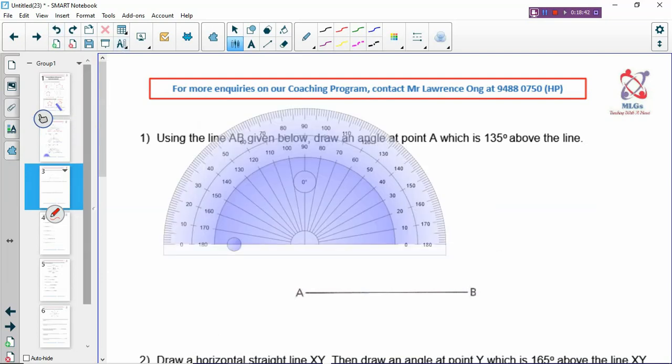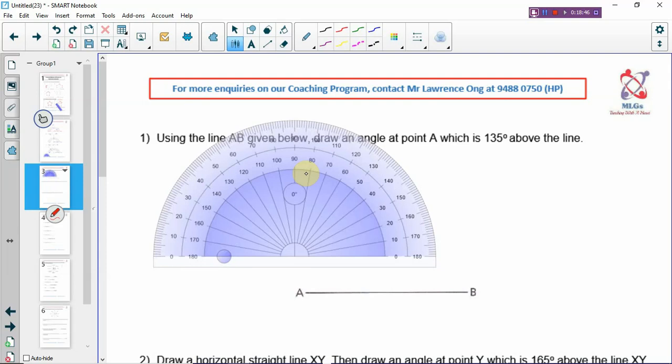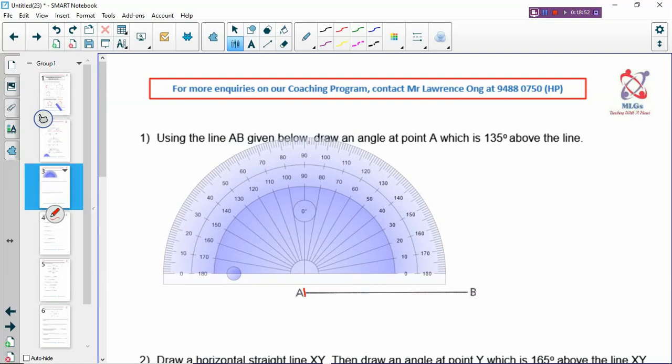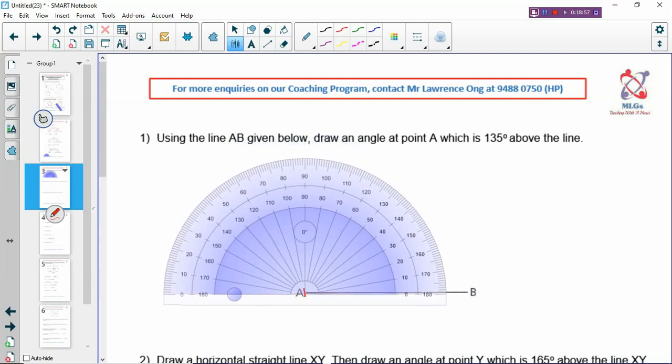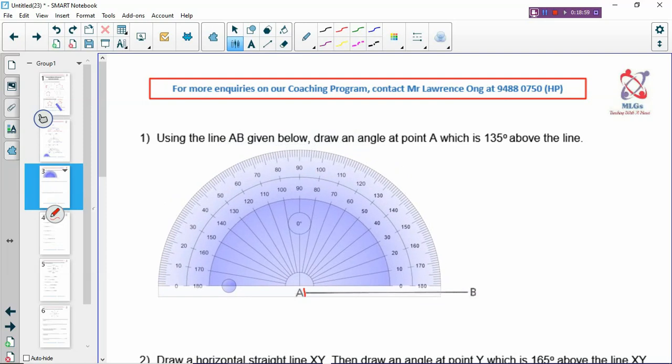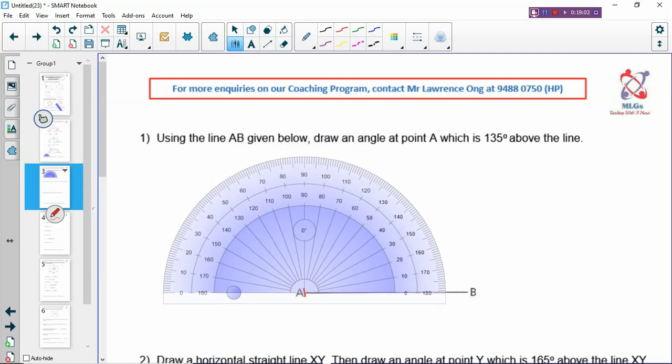So let's take out our protractor. You put the center point of the protractor onto the starting point of the line, and make sure that the baseline of the protractor is sitting on the line AB.